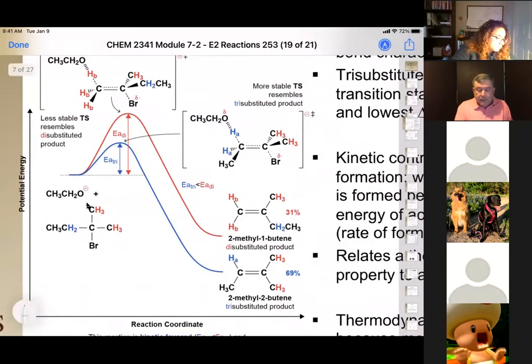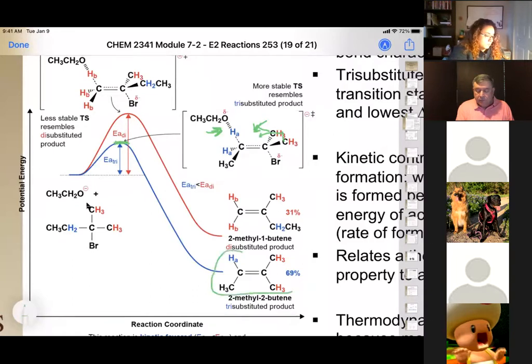It turns out because when you're forming this, we're pulling the hydrogen off here, off this side here, and these two methyl groups can start to hyperconjugate with the incoming double bond that's forming. It is going to be preferentially removed, and therefore it has a lower activation energy.